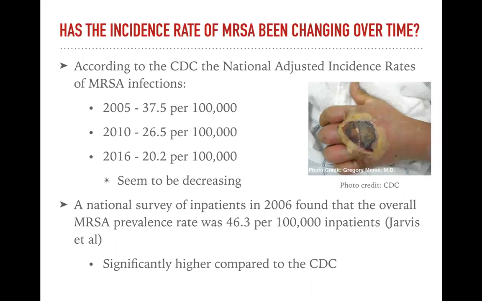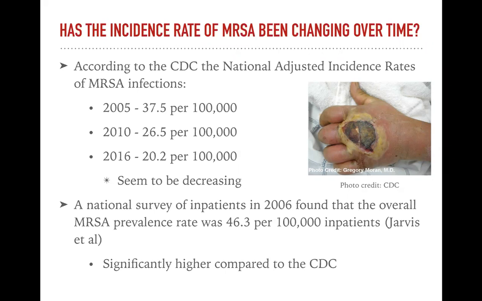Has the incidence rate of MRSA been changing over time? According to the CDC, the national adjusted incidence rates of MRSA infections in 2005 were 37.5 per 100,000, in 2010 were 26.5, and in 2016 were 20.2 per 100,000, which seems to be decreasing over time.